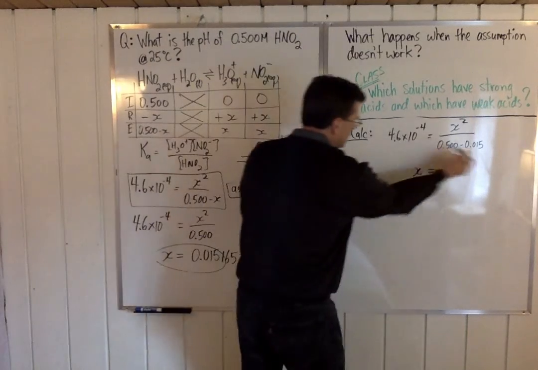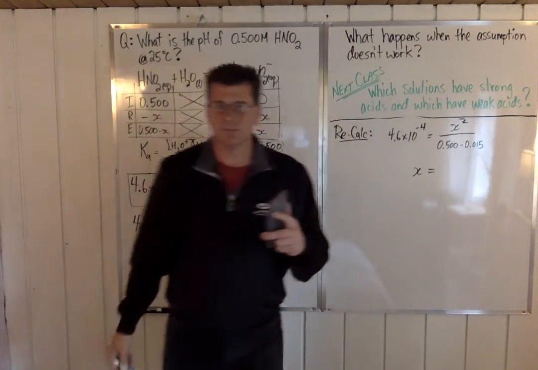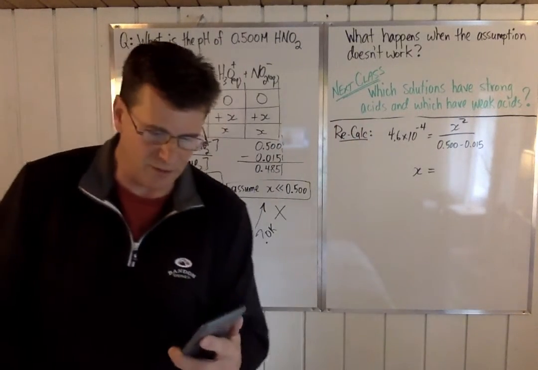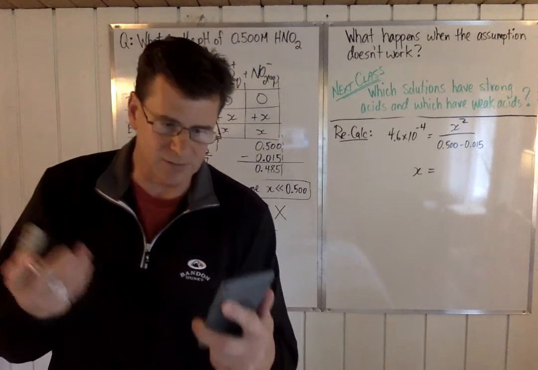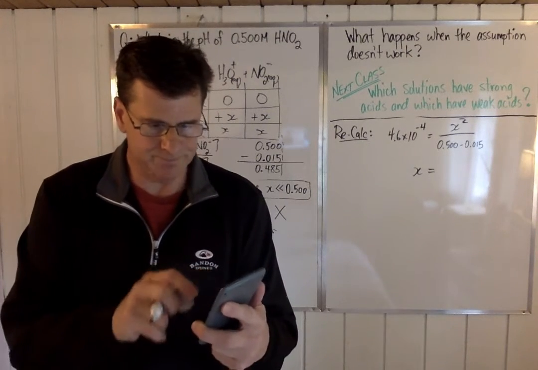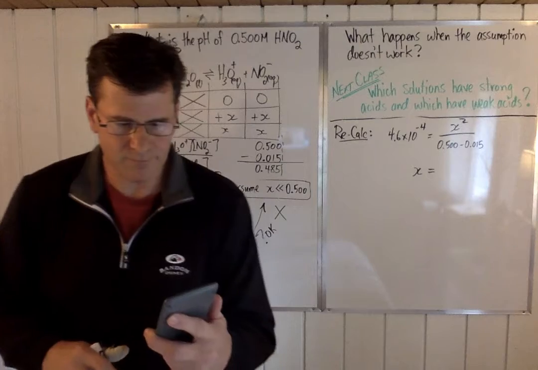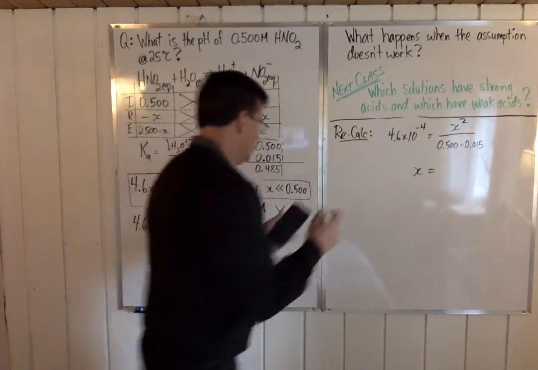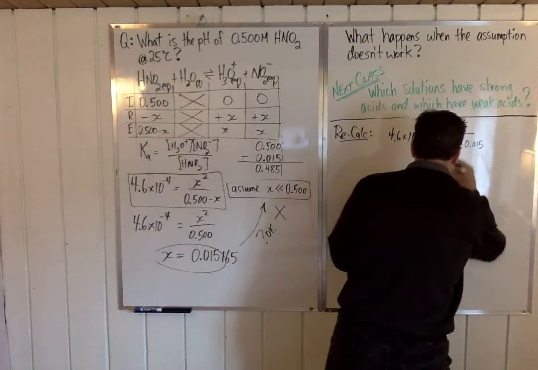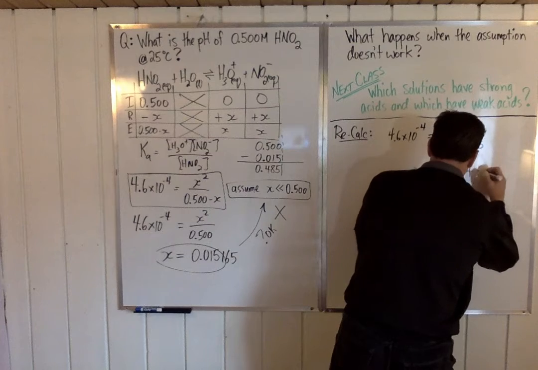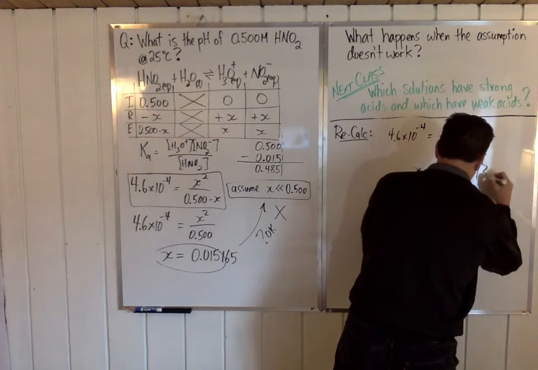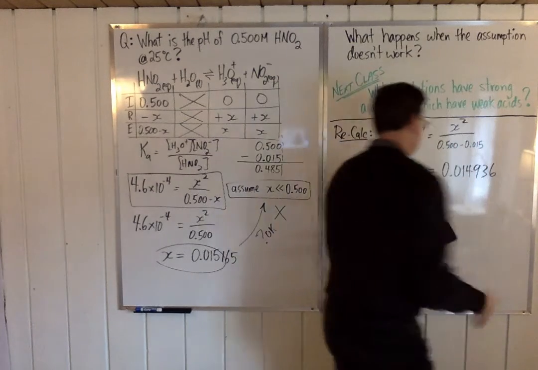So this times that down there, which is 0.485. And it comes out to a number. Then I'm going to take the square root, and it comes out to 0.014936. Close enough.